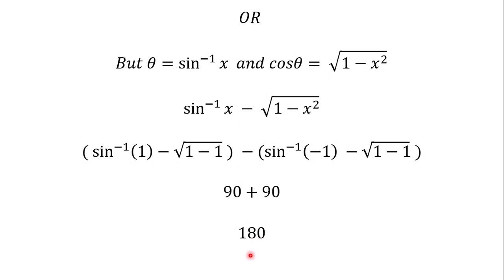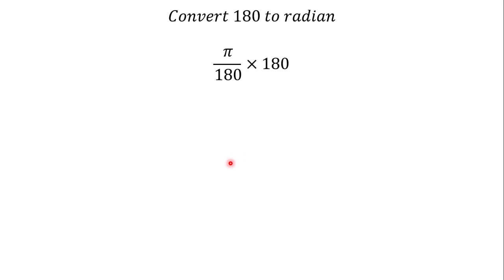Okay, so we're going to convert 180 degrees into radian. The formula that I'm going to use is what you use to convert 90 degrees to radian. The formula is pi over 180 times the degrees.